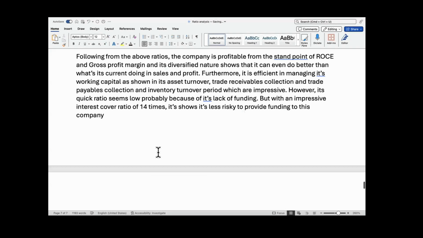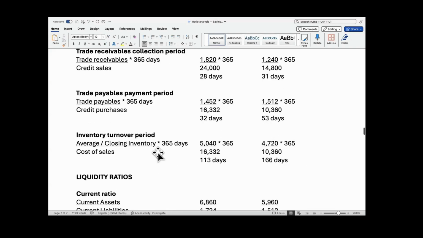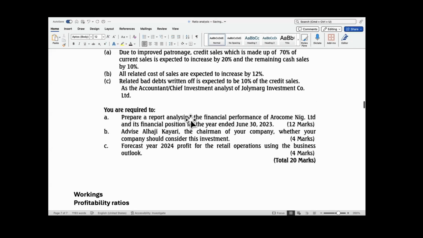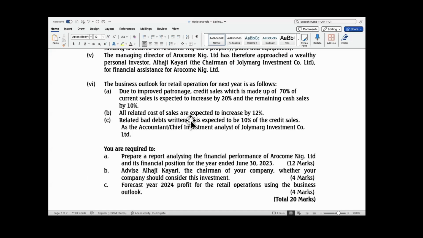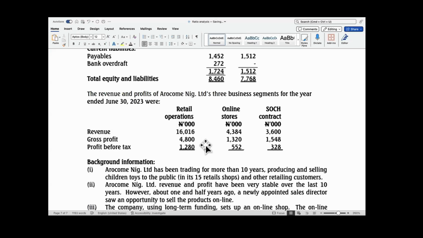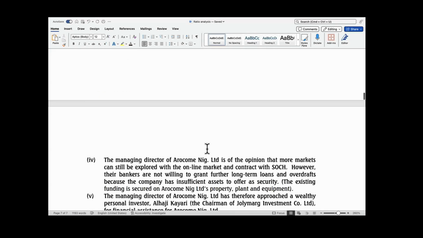Where's the question? By 12%. And what was the current cost of sales? Cost of sales should be 16,016, which is the sales minus the gross profits. Okay, that will give me 11,216. That will be the cost of sales.